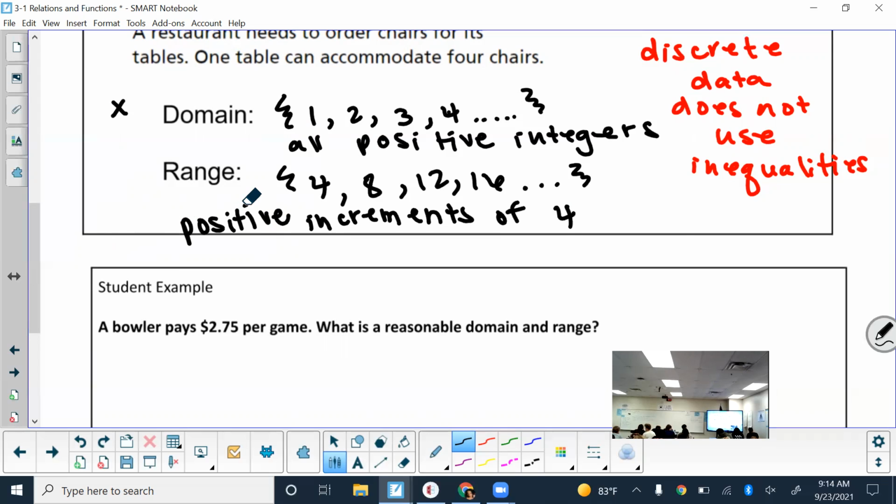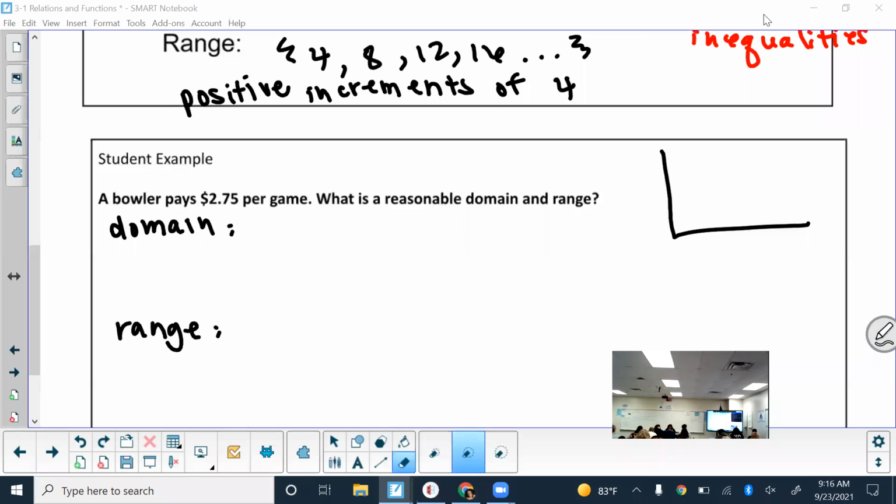Try the student example. Try making a domain and range for your student example, and how this graph would be labeled. So the bowler pays $2.75 per game. What would be labeled for my x-axis?